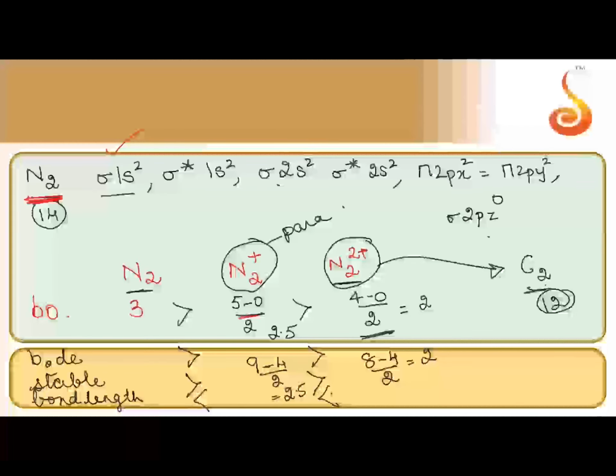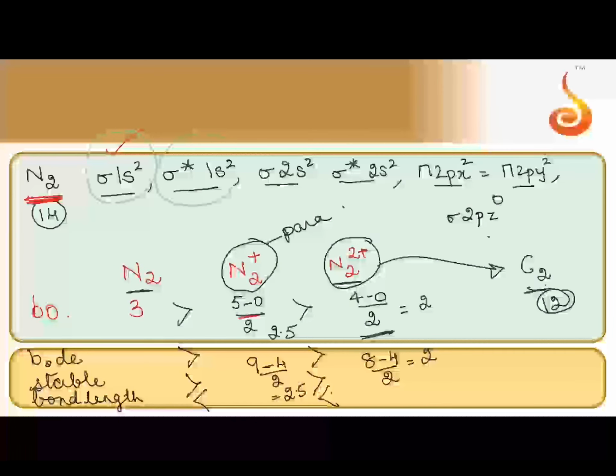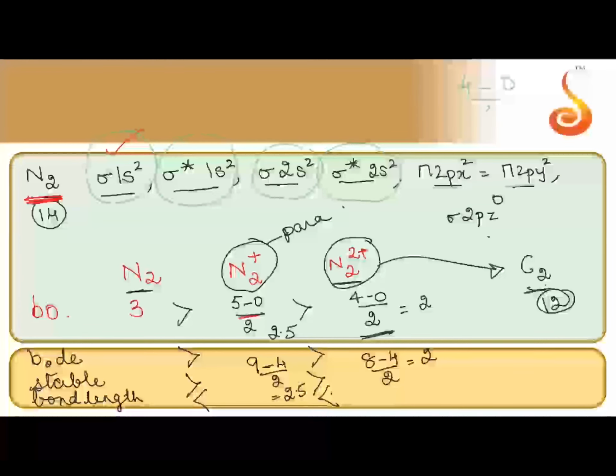I have 2, 4, 6, 8, 10, 12. This one and this one cancel each other out when I'm calculating bond order. Now I have 4 minus 0, divided by 2, and I'm getting bond order 2.